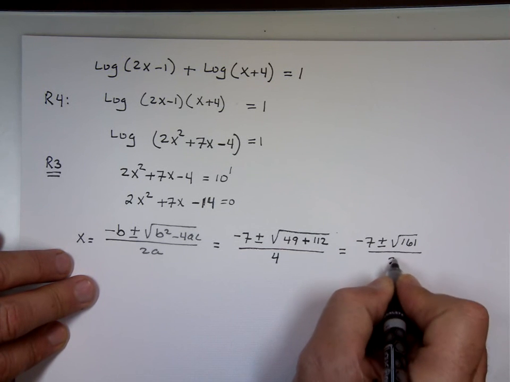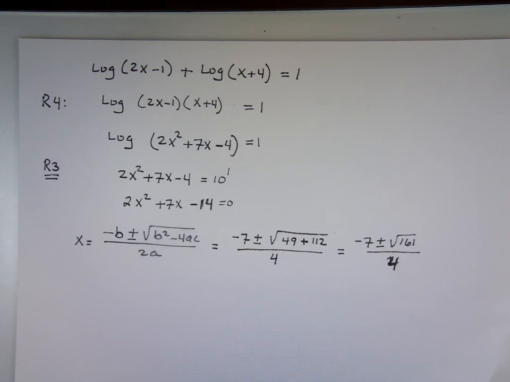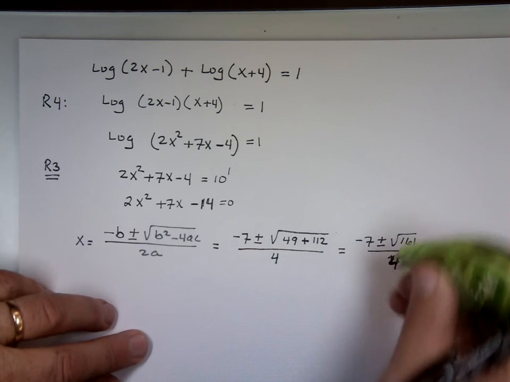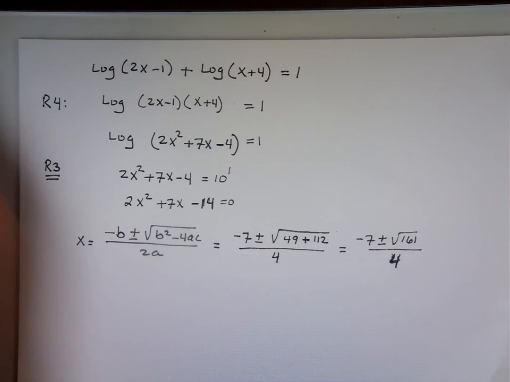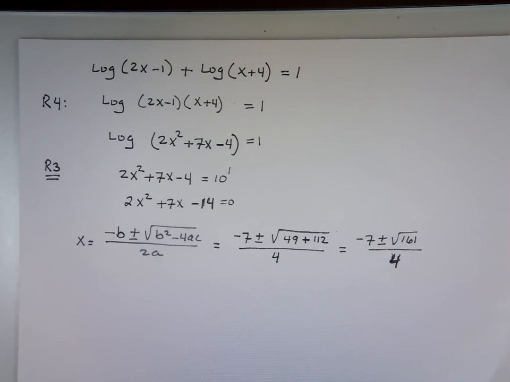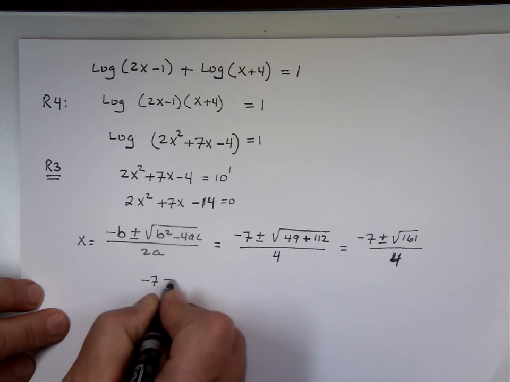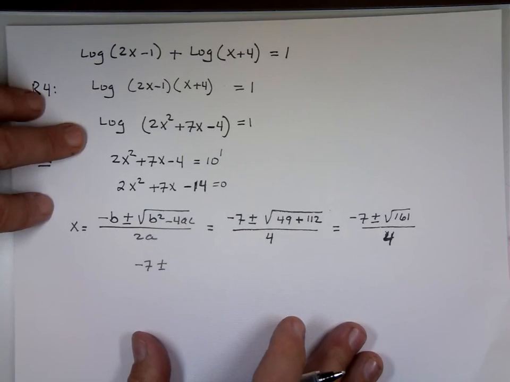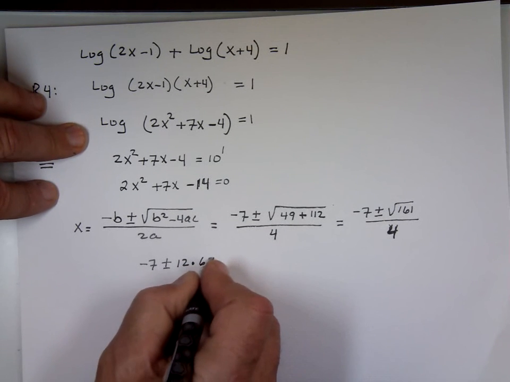Four, not 2. So now I can just use my calculator to find the square root of 161. It's not a nice number, not a whole number. So it's negative 7 plus or minus 12.68858. That's plenty.